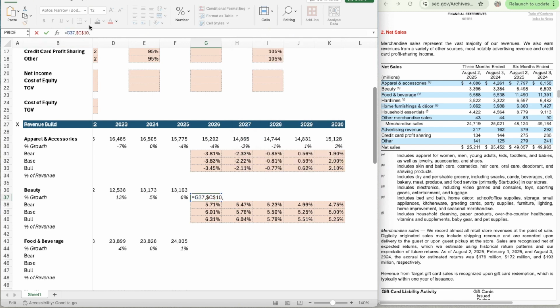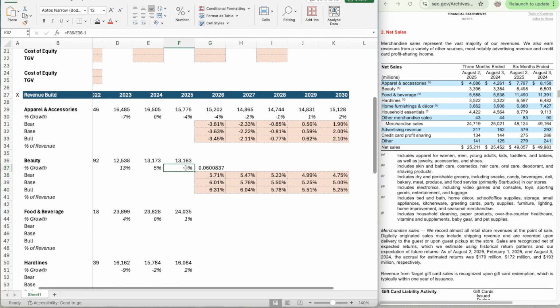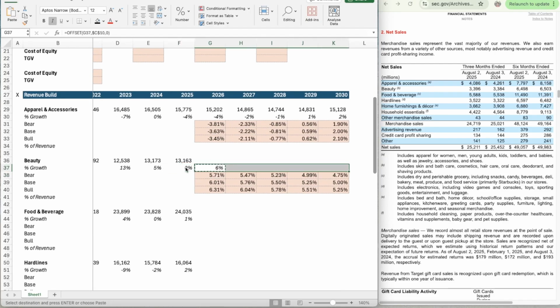I forgot to put offset in. So I mean, beauty should do quite well.